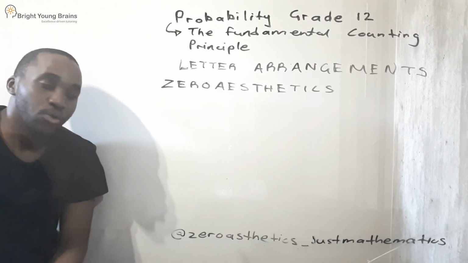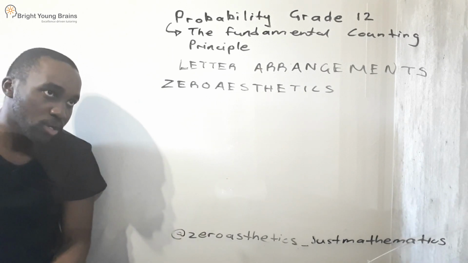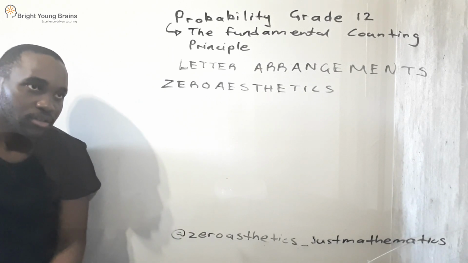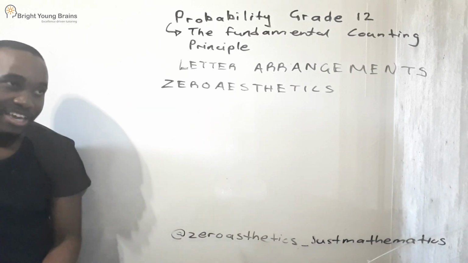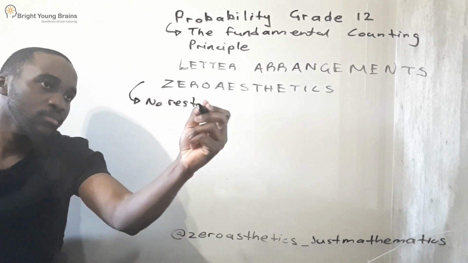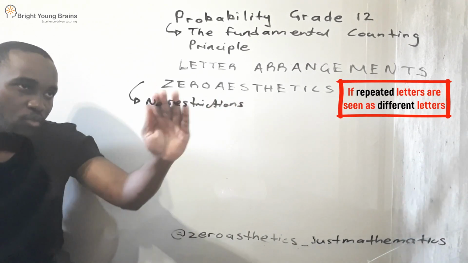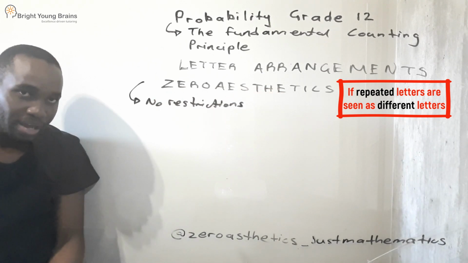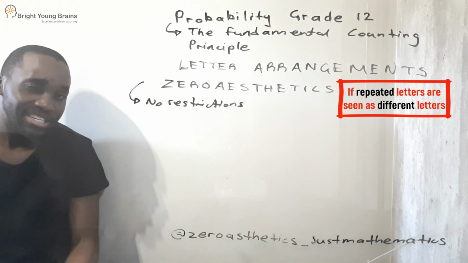So, letter arrangements. With a word like this, let's pretend this is just one long word. If we are asked to work out the number of ways that these letters can be arranged without any restrictions, all we need to do is firstly know how many letters we are working with.